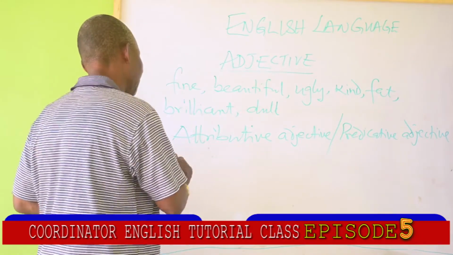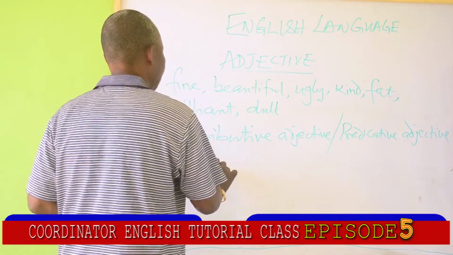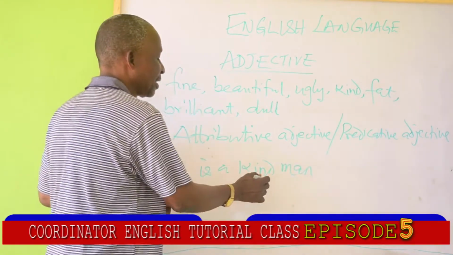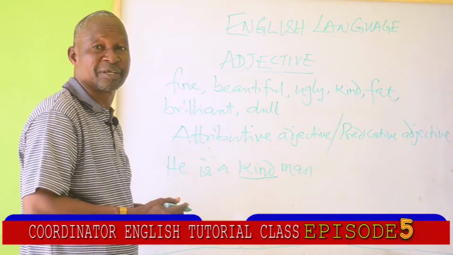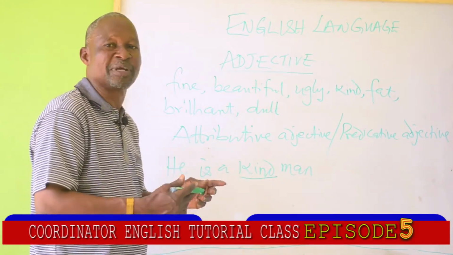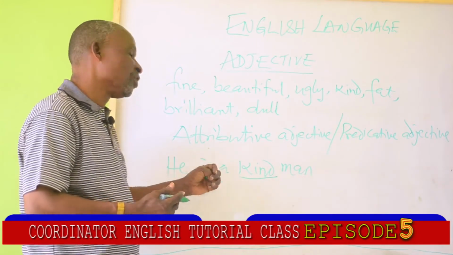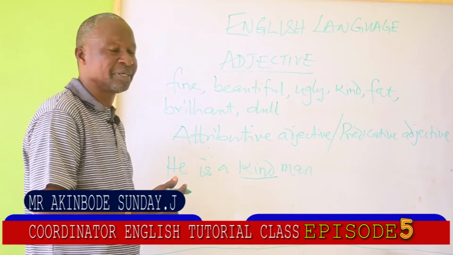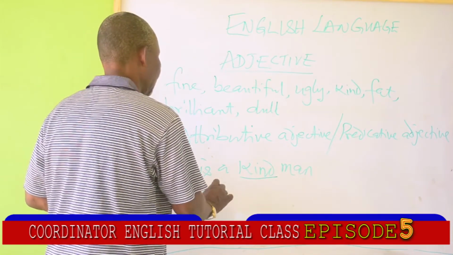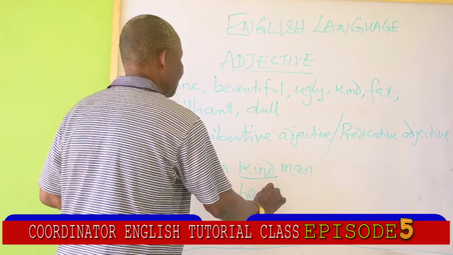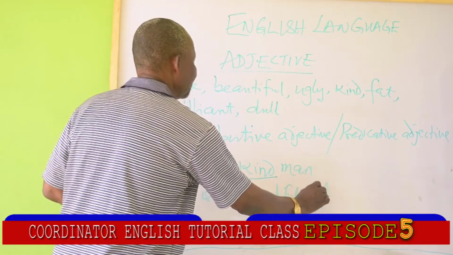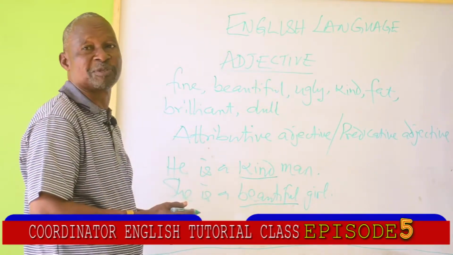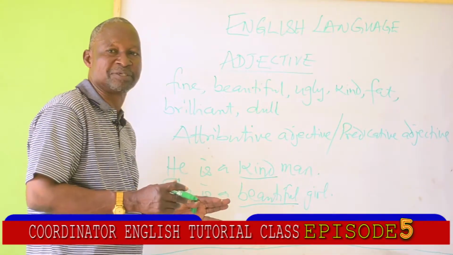For example, he is a kind man. Adjective kind precedes or comes before noun man. As a result of that, we regard it as an attributive adjective. She is a beautiful girl. Adjective beautiful comes before the noun it qualifies, which is girl.